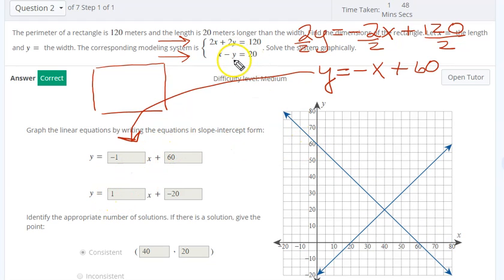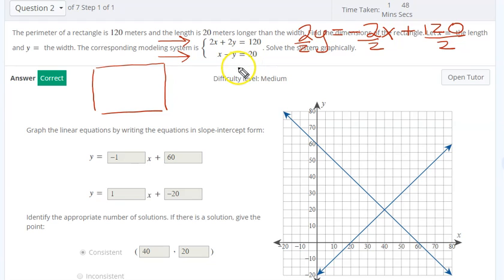Now, for the next equation, I'm going to get rid of some of this so it doesn't affect our work here. Here I have a -y on this side, so I'm just going to take that y, move it over to this side where it becomes positive, and I get x. I'll move the 20 over, and then I'll rewrite it.